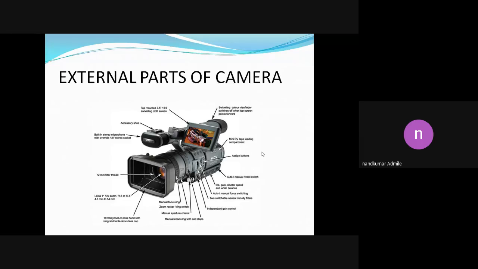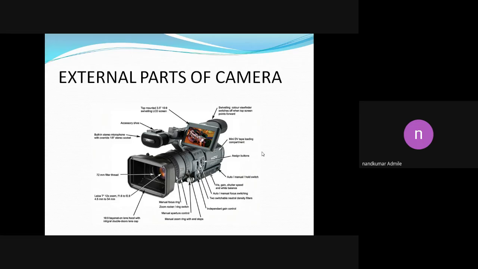Okay, in order to make any process on a video, first we need to understand the working principle of a video camera, and what the various internal and external parts of a video camera are. This is the basic part of video: how we can capture the video, or by using which device we can capture it.